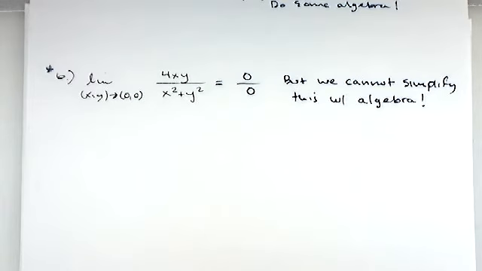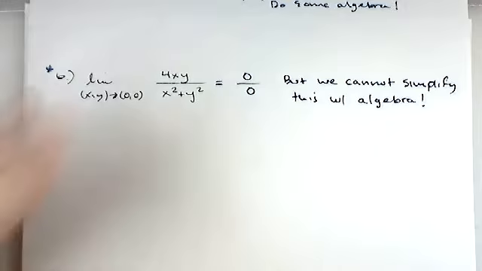So here's the deal. In 21C, if you get a limit that is 0 over 0 and you cannot simplify it with algebra, we are going to now operate on the assumption, unless we're told otherwise, that this limit does not exist. Okay.